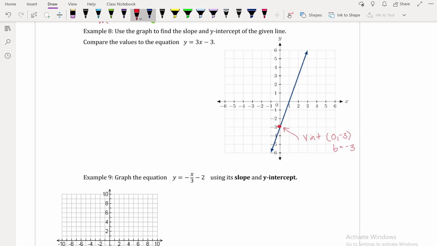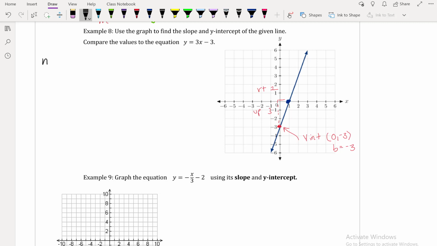Now let's think about our slope. Well, I can think of that being my next point that I'm looking at. So I would go up 1, 2, 3. So up 3 and to the right 1.